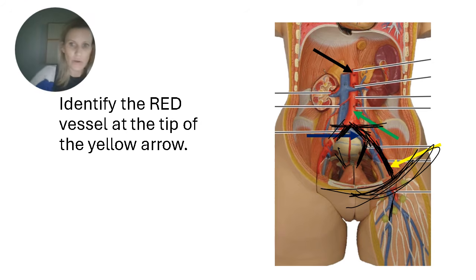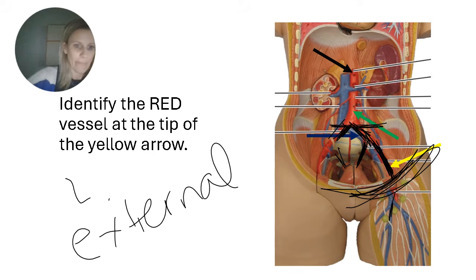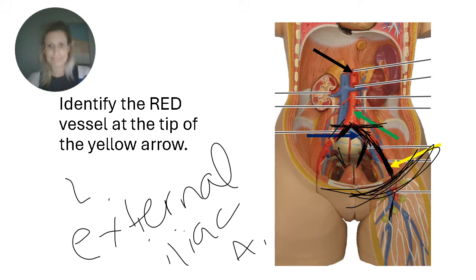So the yellow arrow is pointing to the left external iliac artery. What is it right when it passes through the leg, right? So if I pointed right here, what does it become right when it passes through the leg? The femoral artery. So that would be the left femoral artery.